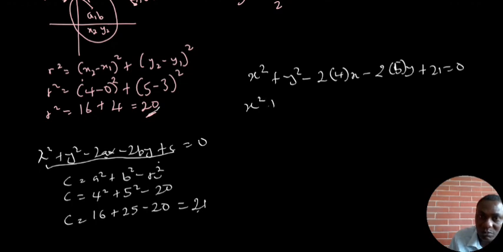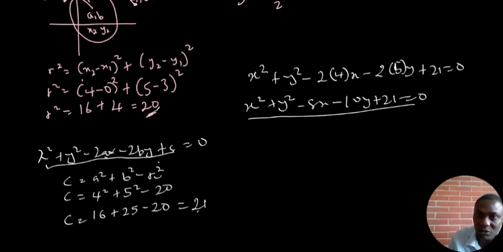So we have x squared plus y squared minus 8x minus 10y plus 21 is equal to 0. So this is the equation of the circle.